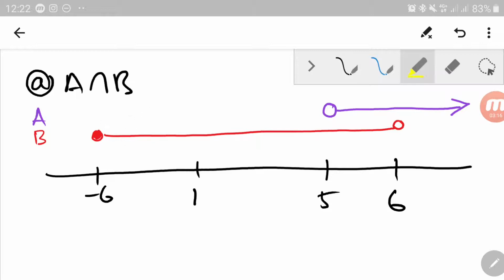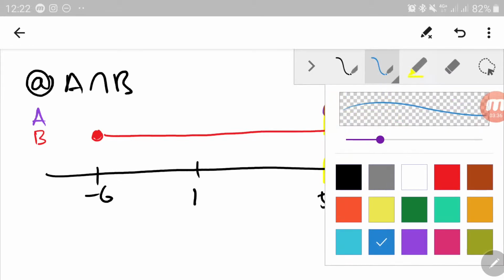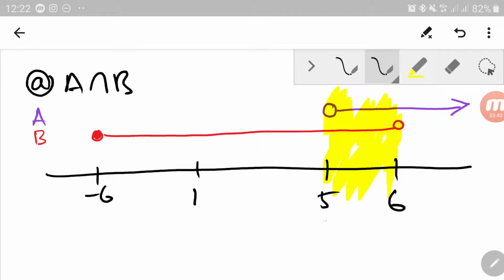So from -6 until 5, there's no common element because these values are only in B. A doesn't have them, so we cannot take them. So they share the same elements from 5 to 6. So the solution is from 5 to 6.